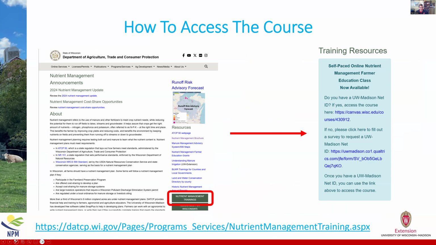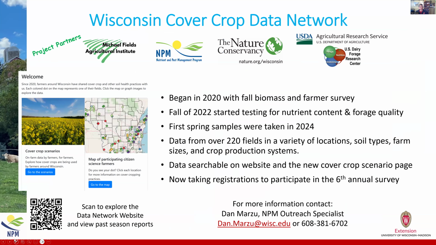We are continuing on with the Wisconsin Cover Crop Data Network. This is in partnership with the Michael Fields Agricultural Institute, the Nature Conservancy, and the USDA Dairy Forage Research Center. This is a project that began in 2020 with fall biomass and a farmer survey, and we have expanded it to include a fall and spring biomass collection, farmer survey, tissue analysis, and a forage analysis.